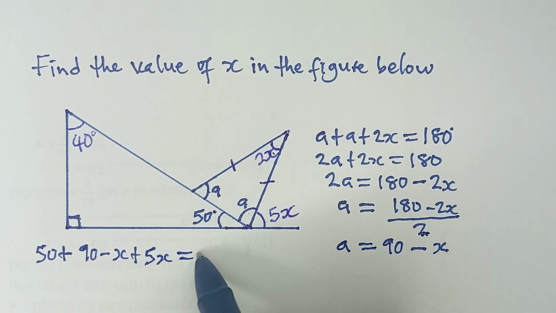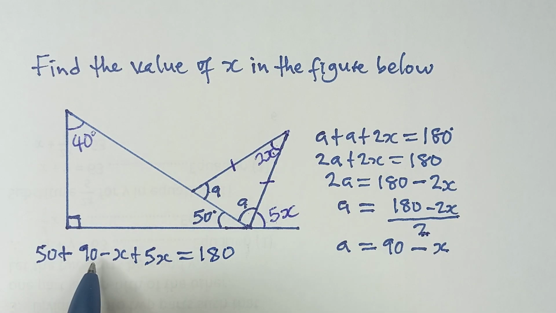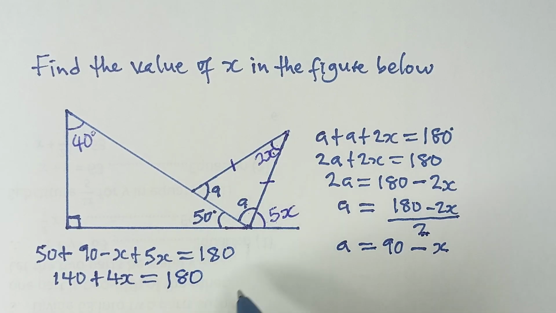Everything should give us 180. 50 plus 90 will give me 140. And then negative x plus 5x should give me positive 4x. And that is equal to 180.